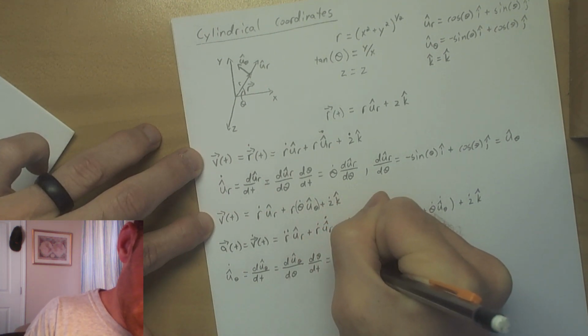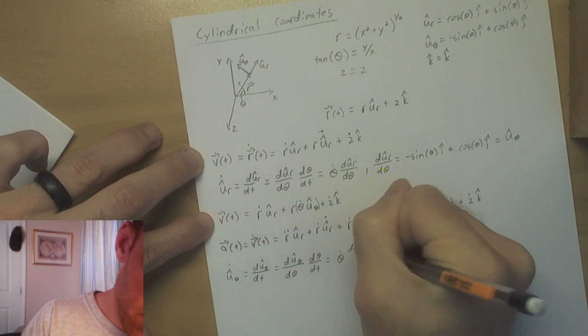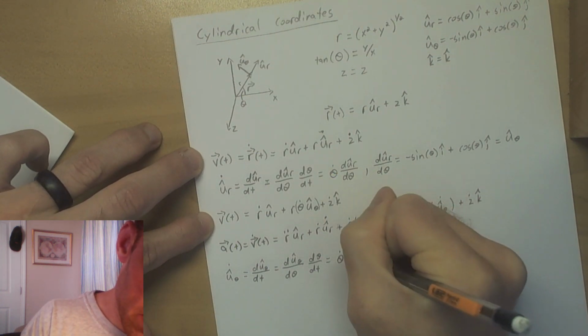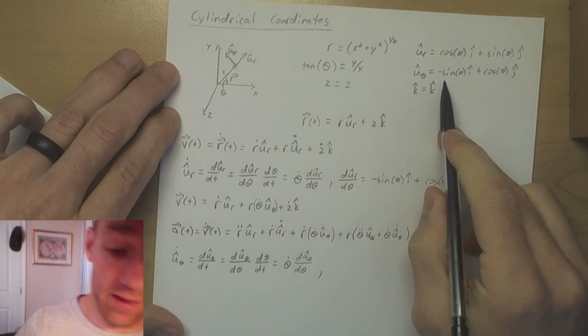And that's just, again, theta dot times du sub theta d theta. And again, we can calculate that.